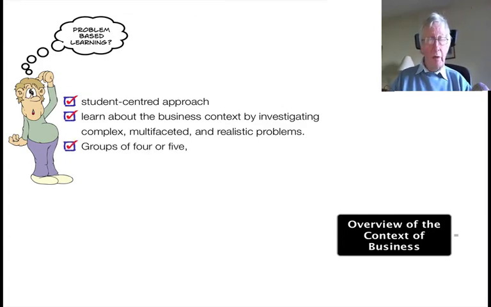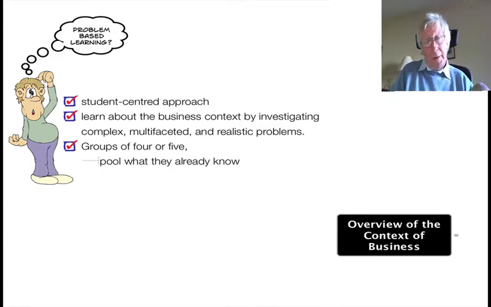So you will work in groups of 4 or 5 in a class, and indeed online. What you do in your groups is, first of all, you decide what you already know about the problem. For example, the first problem is connected with competition between the big supermarket chains in the United Kingdom. So the groups get together and work out, probably in their first class, what they already know about competition, about supermarkets.